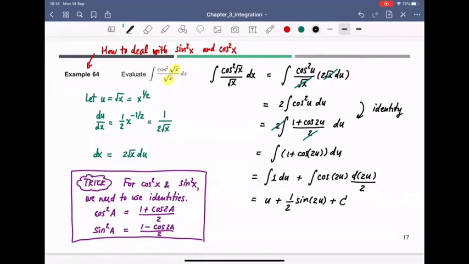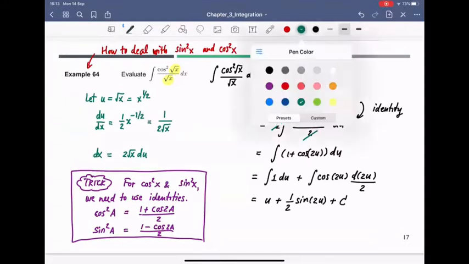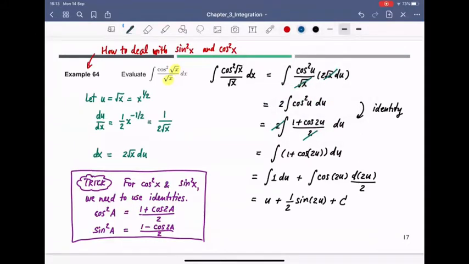All right, I know I go fast on this, but hopefully you can follow. For this term, if you have a hard time following me, think of it as doing another substitution. I can let v equal 2u, and then dv equals 2 du. That means I can switch du to dv over 2, which is d(2u) over 2.